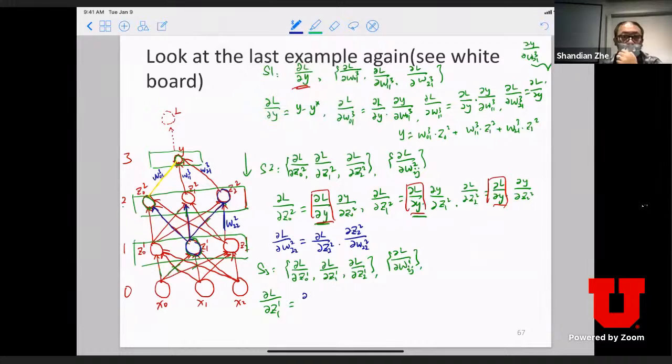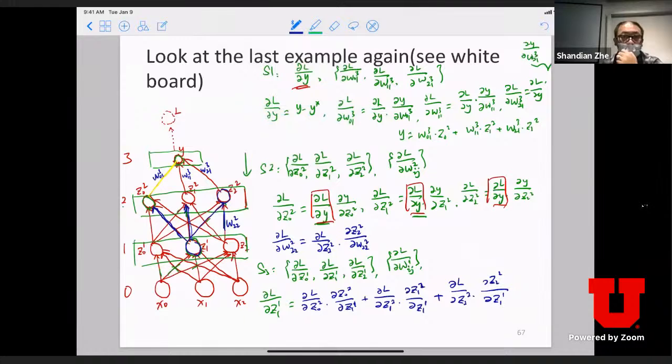Again, applying the chain rule, it is equal to partial L over partial Z02 times partial Z02 over partial Z11. This is just one result. Then plus partial L over partial Z12 times partial Z12 over partial Z11, and then plus partial L over partial Z22 times partial Z22 over partial Z11.